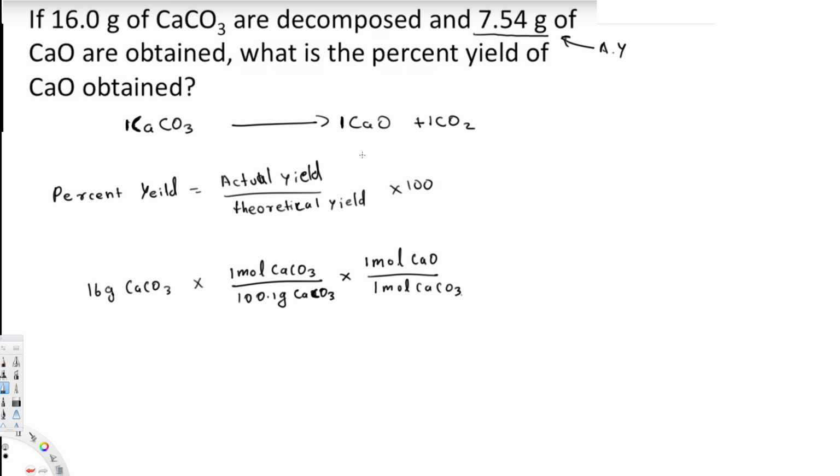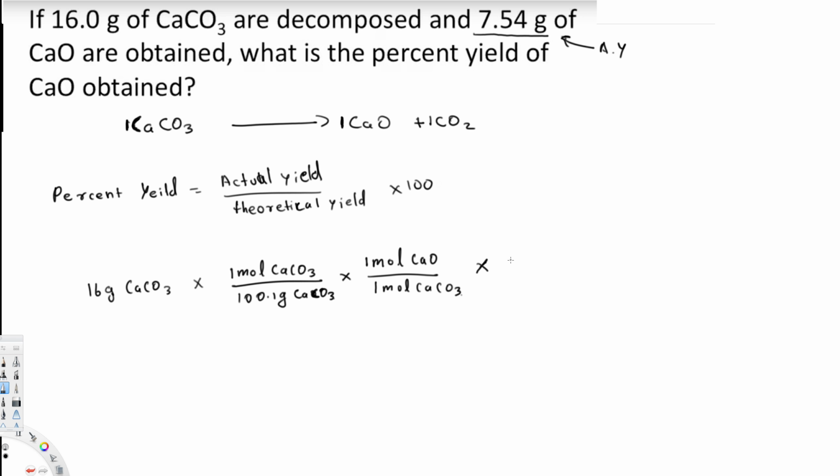Then we have to find it in grams. Whatever moles are produced, we have to find it in grams, because that's what we are going to use as the theoretical yield, right? So I simply multiply by calcium oxide's molar mass.